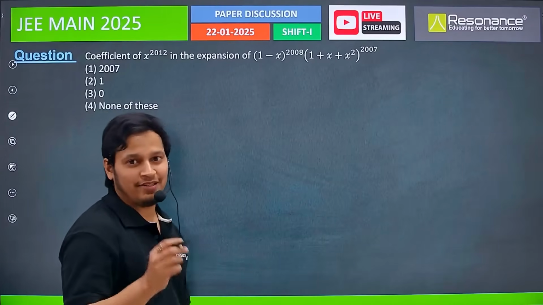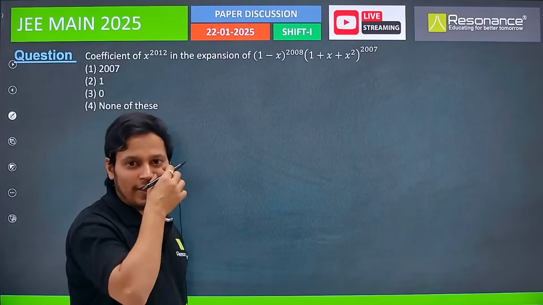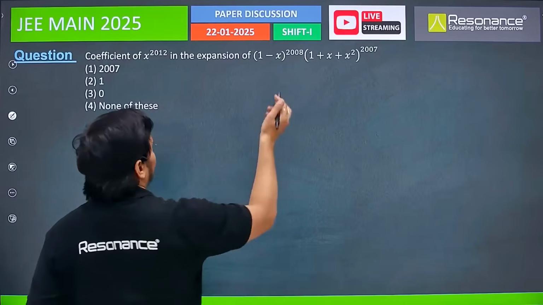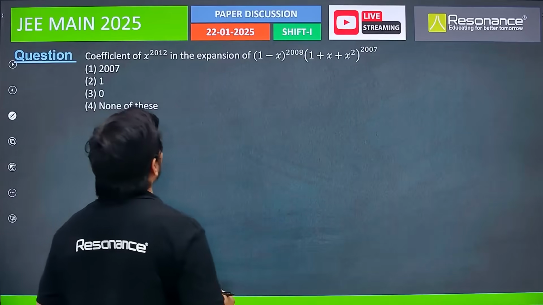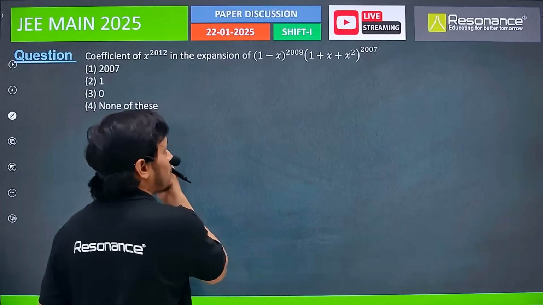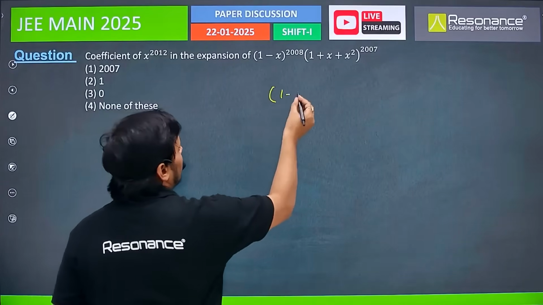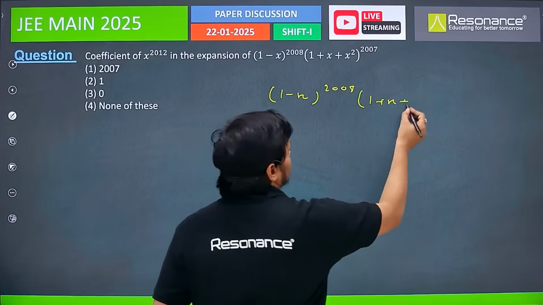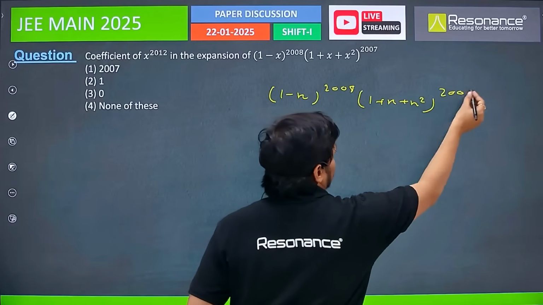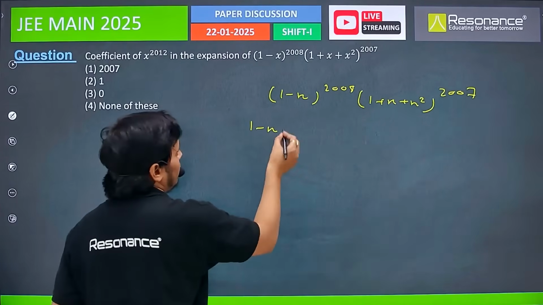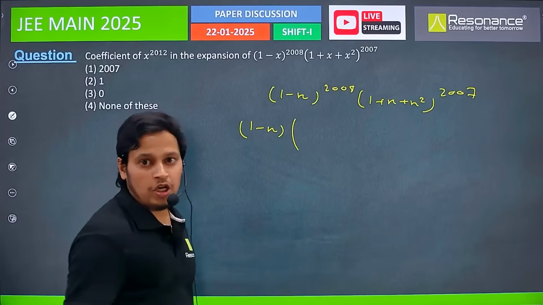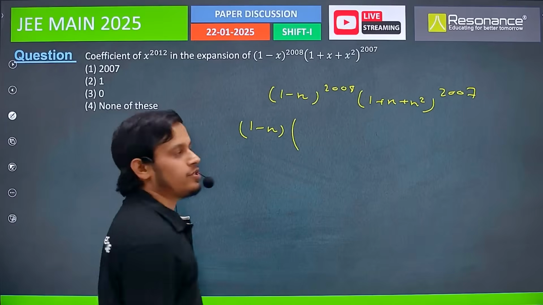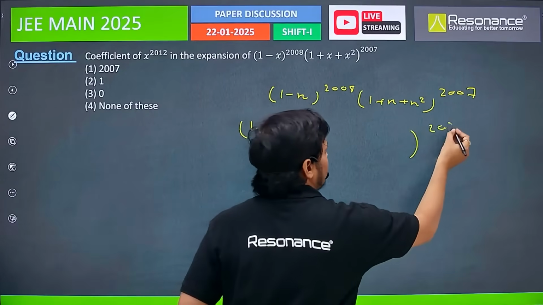Again, this is the same as a question you got somewhere in the 11th or 12th MCT this year, but the power was different. So, the coefficient of x power 2012 in the expansion of (1 minus x) power 2008 into (1 plus x square) whole power 2007. If I write 1 minus x separately, then the remaining is (1 minus x)(1 plus x square) whole power 2007.